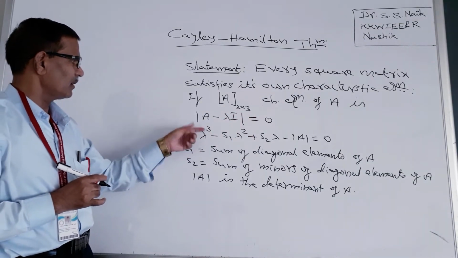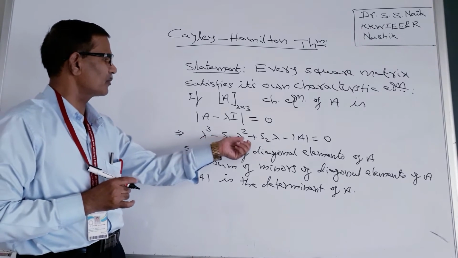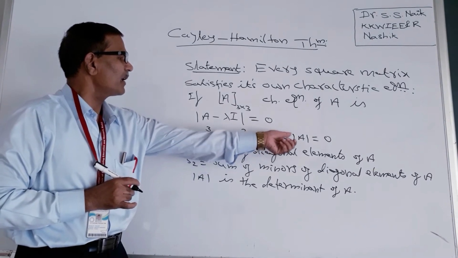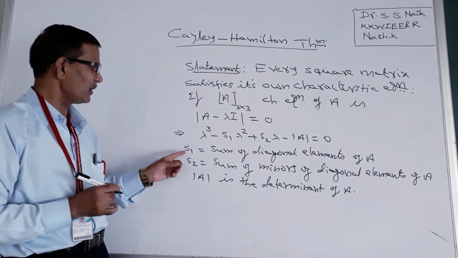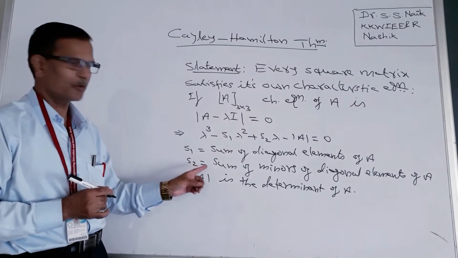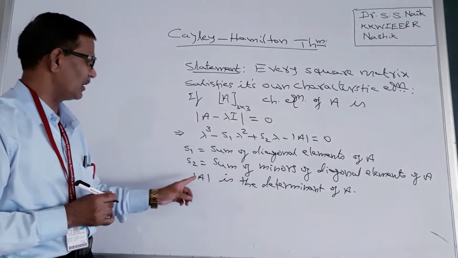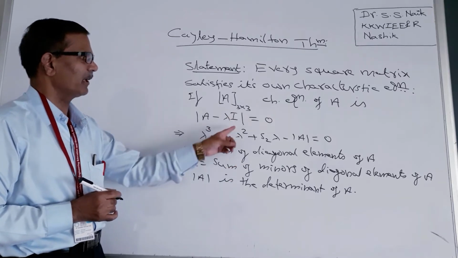That is, lambda cube minus s1 lambda square plus s2 lambda minus determinant of A is equal to 0, where s1 is the sum of the diagonal elements of A, s2 is the sum of the minors of the diagonal elements of A, and determinant of A is the determinant of A.